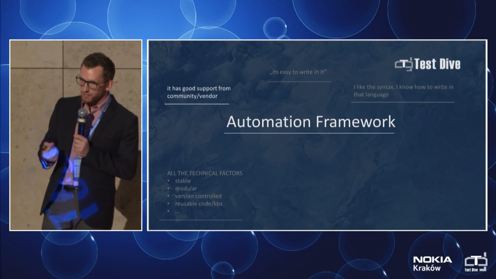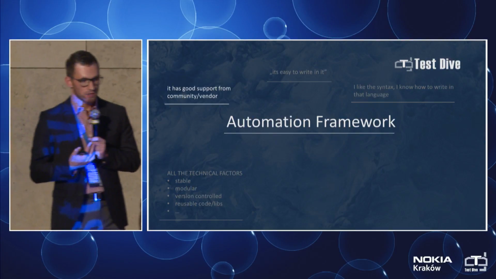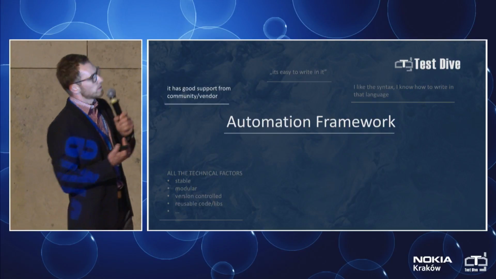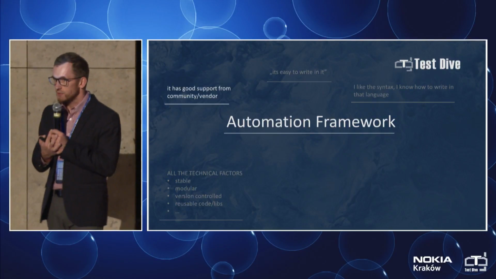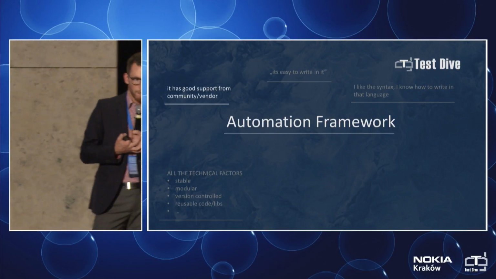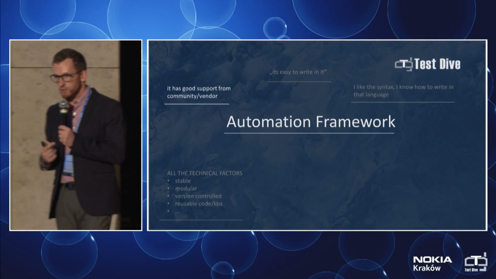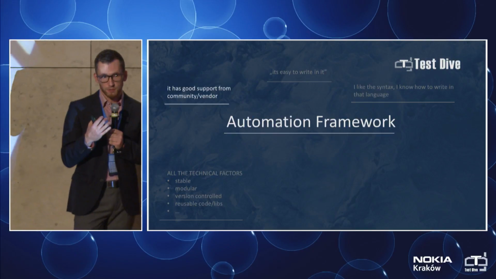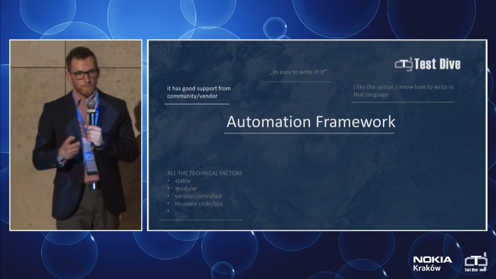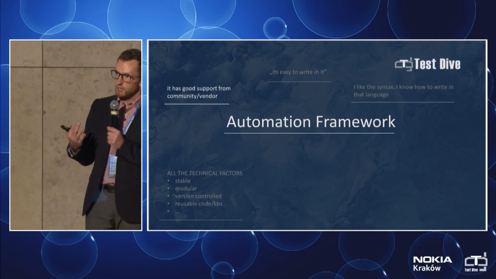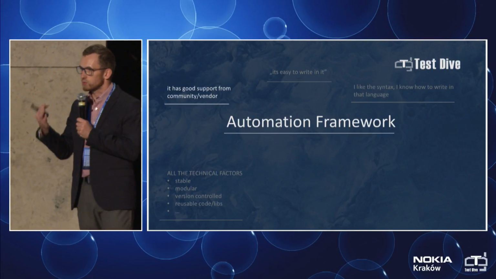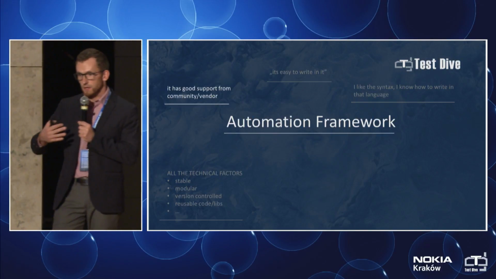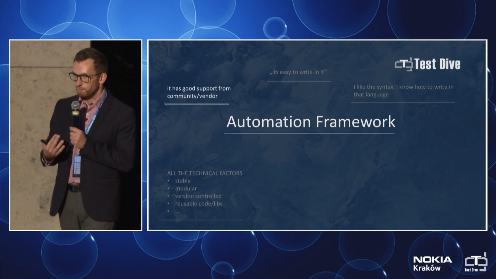Another non-technical factor that can play here is, for example, good support from the community or good support from the vendor. Now, this might be contradictory to some of the technical factors that we have, for example, stability, right? We can say that today the framework is not stable. I was trying to run some test case, the environment crashed.